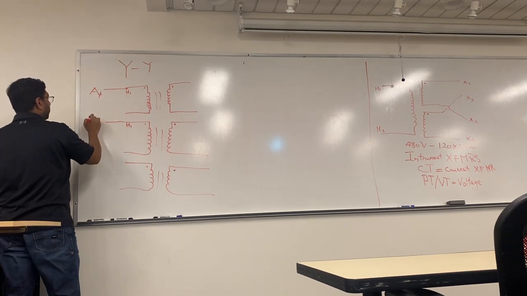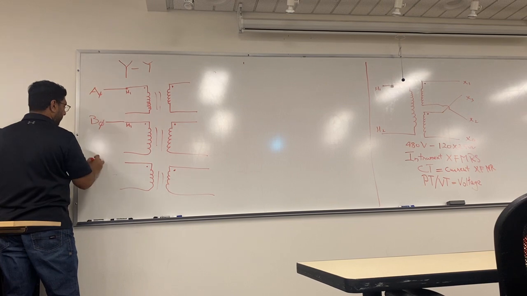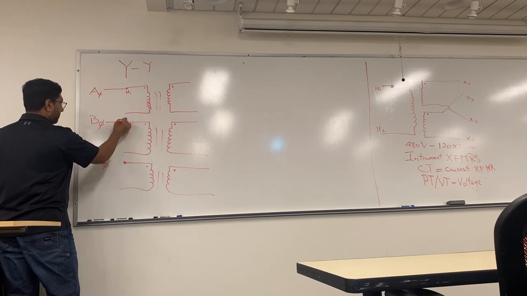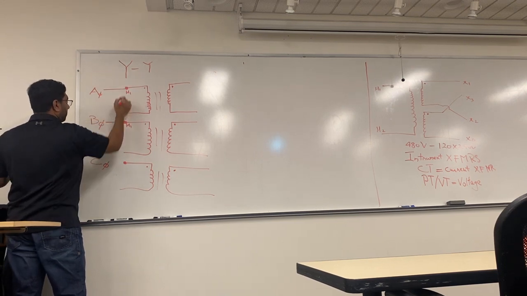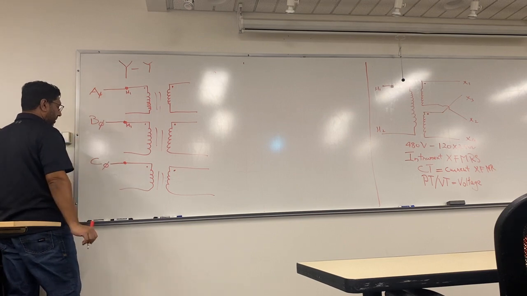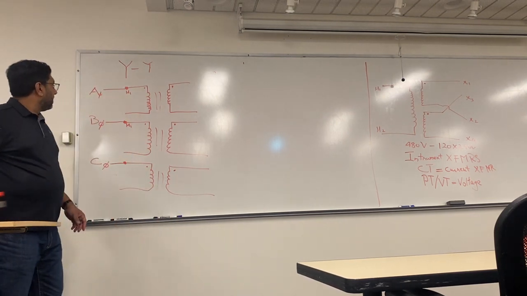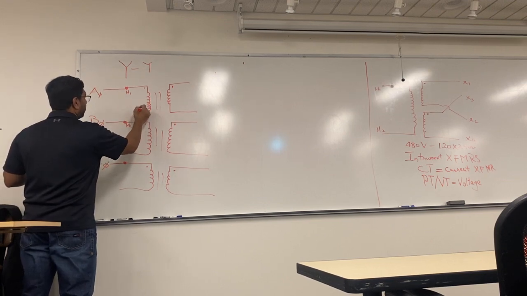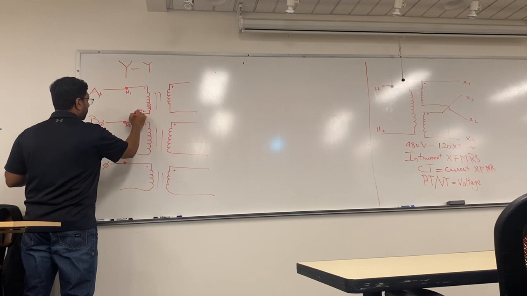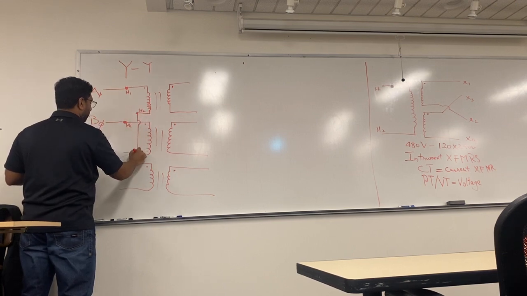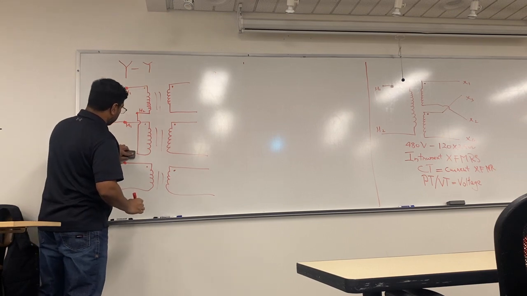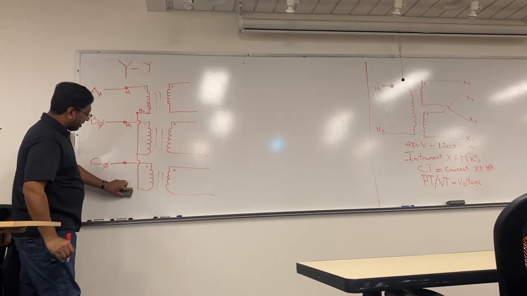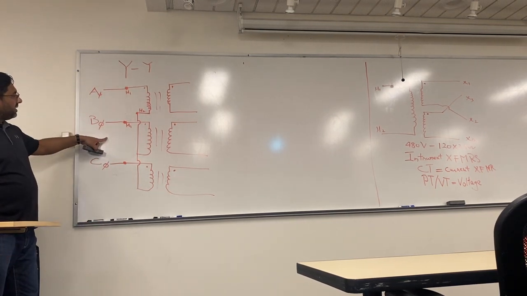So this is my A phase, this is my B phase, this is my C phase. And all that I have to do is tie the other end, which is my H2s, together. And this is a Y on this side.